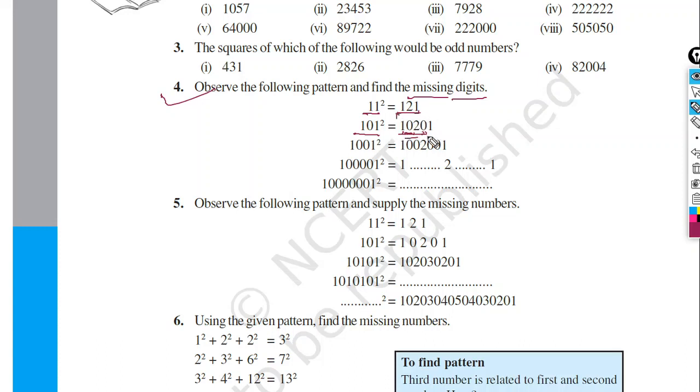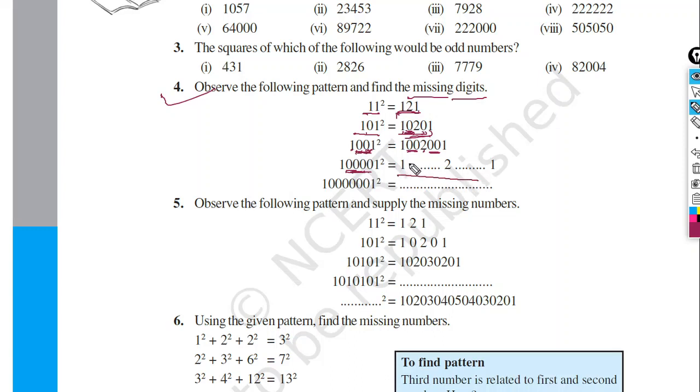Look at the pattern, compare the pattern. Now we have added 2 zeros, 1001 square. Now only 1 zero was here, now it is 2 zeros, then again 2 zeros. Here you see 2 to 4 zeros. So what will be there?